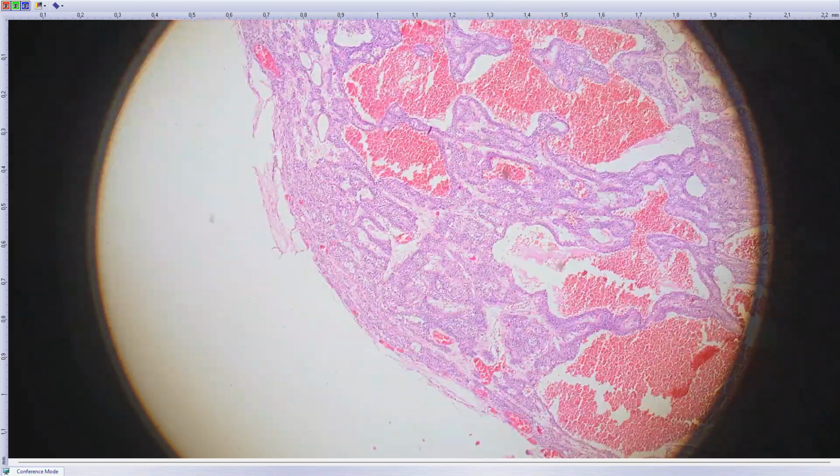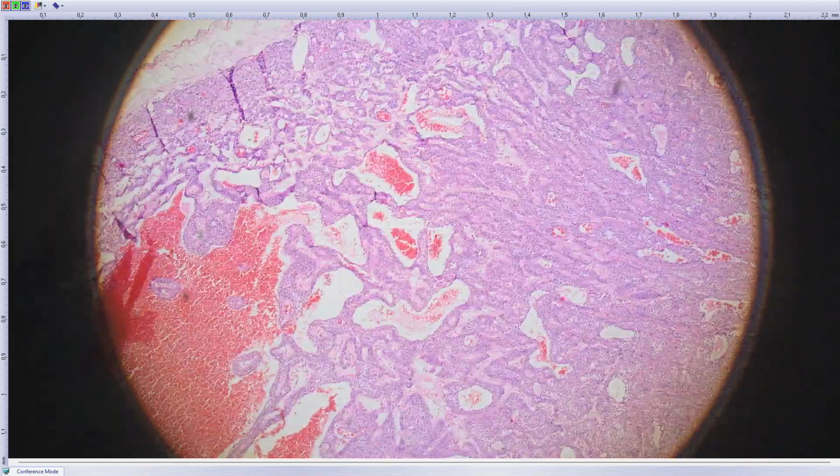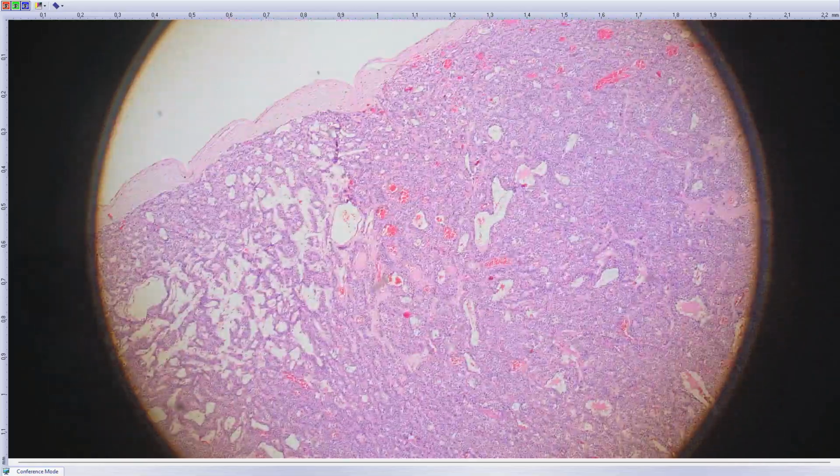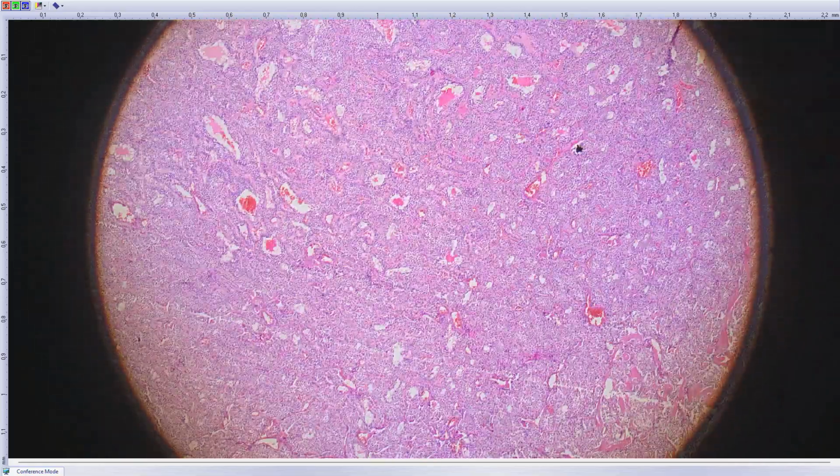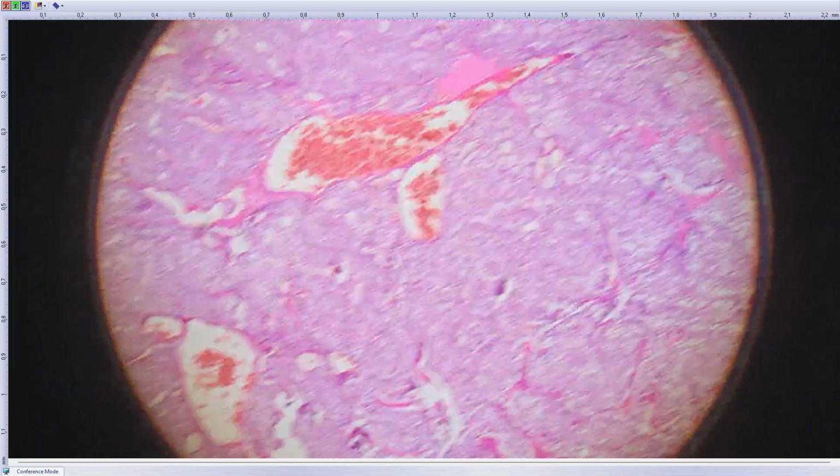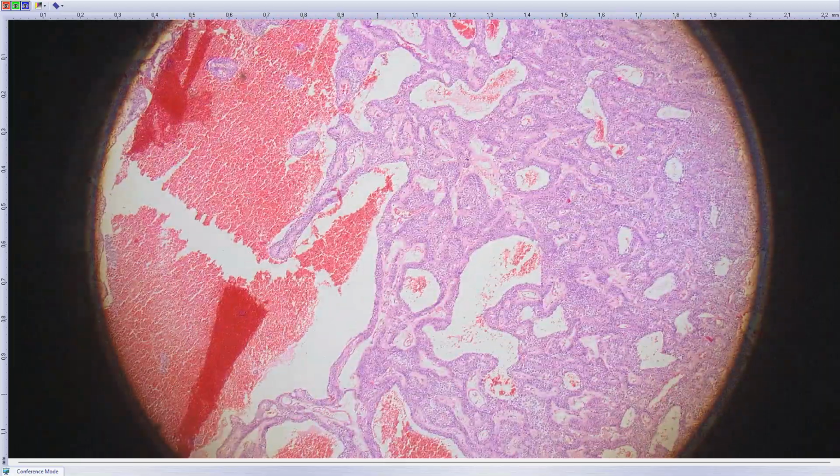It's a well-circumscribed lesion, non-infiltrative, and the specimen was composed only of tumor cells.